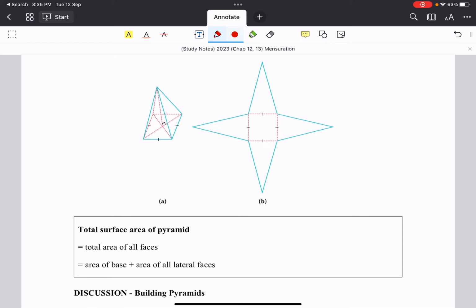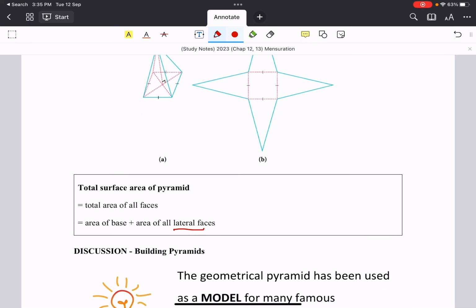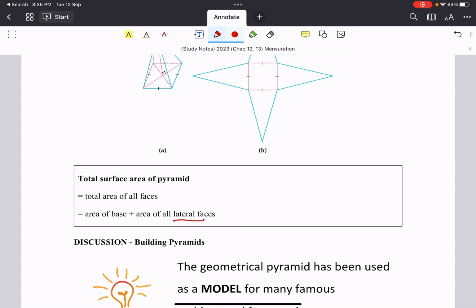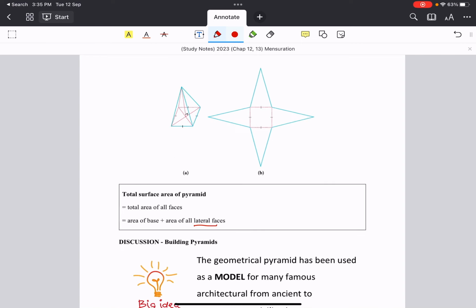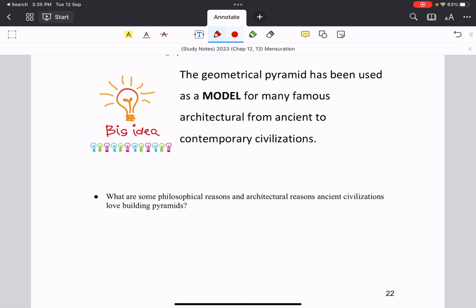Those triangles are the lateral faces or slanted faces, different names but they mean the same thing here. The geometrical pyramid is a model for much architecture and contemporary civilization. Many things are based on the pyramid, so we will leave this discussion for in person if necessary.